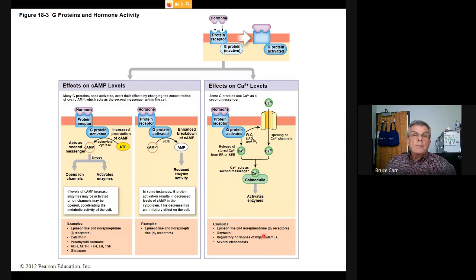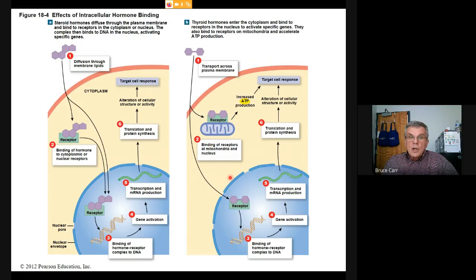Regulatory hormones of the hypothalamus, very, very important and depending on calcium. So thyroid releasing hormone, we release it, it goes to the thyroid. If calcium isn't there in proper levels, it works. Intracellular hormone binding shows this.